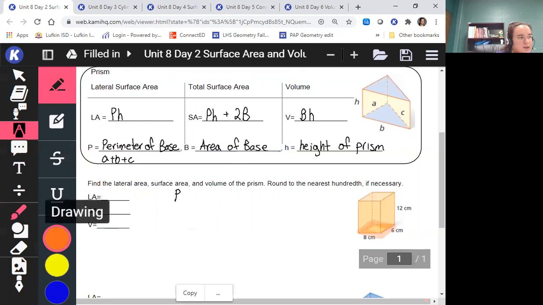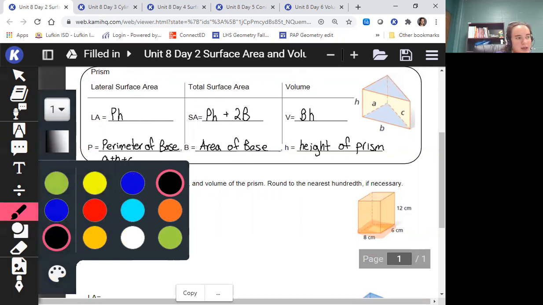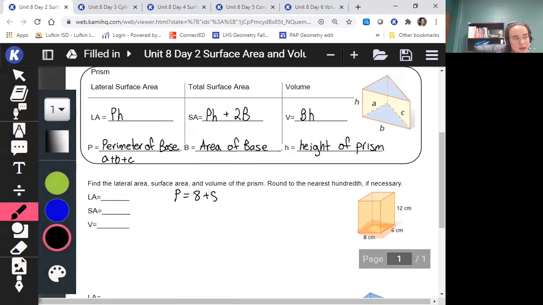So it's that rectangle, so we're going to do 8 plus 8 plus 6 plus 6, and that equals 28 centimeters. Then we need to find the area of our base. Our base is a rectangle, so we do 8 times 6, which is 48.